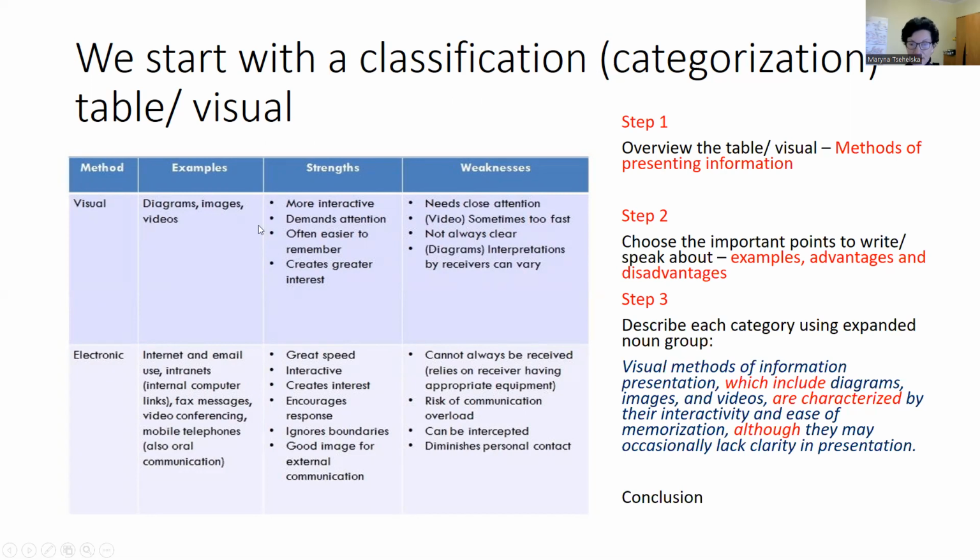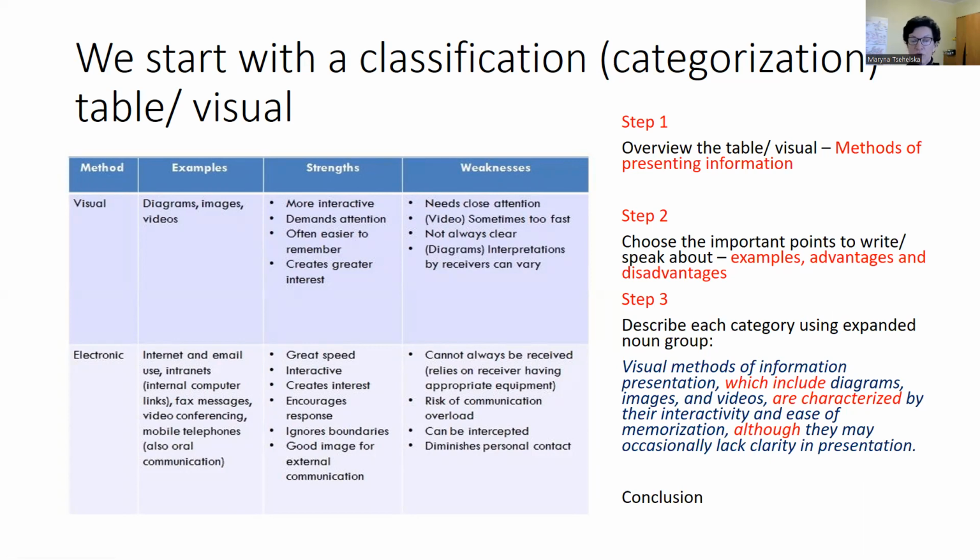And we examine each category. We think about visuals: what is the relationship between method and examples? It includes. So what are strengths and weaknesses? What is the relationship here? They characterize this method. And if we have two of them, strengths and weaknesses, we may talk about the contrast.